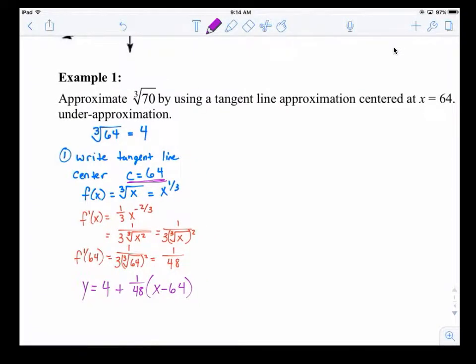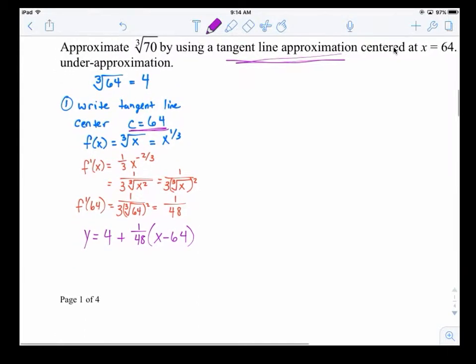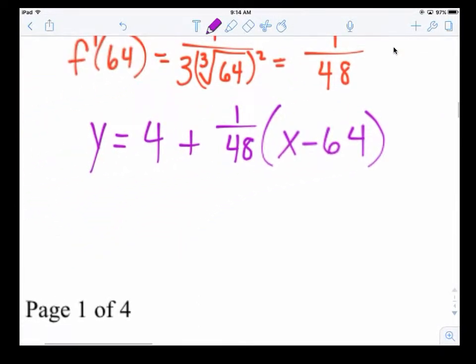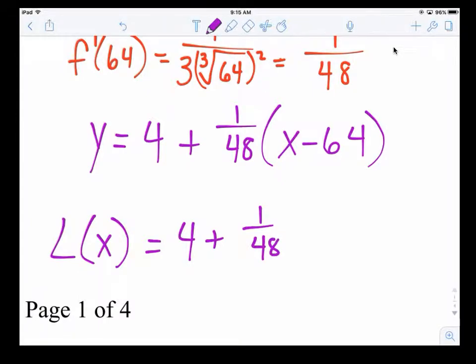If it's looking for tangent line approximations, we want to give this a specific name. So we're going to call this L of x for linear approximation.